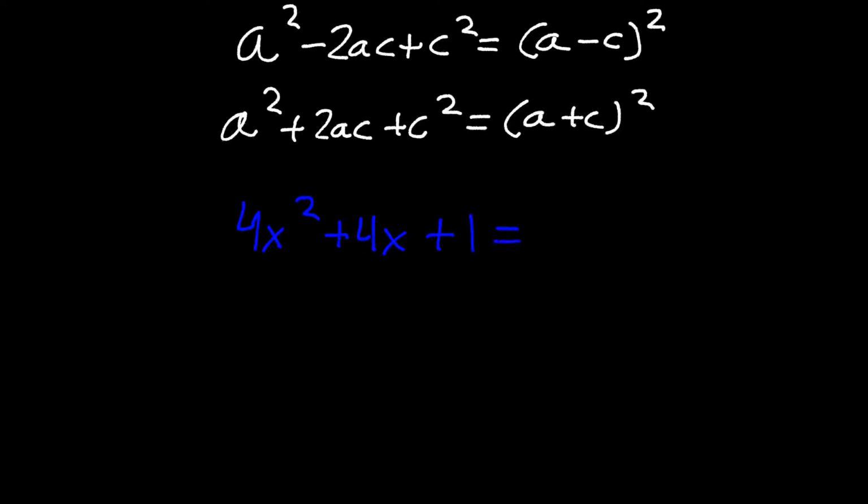This is going to turn into 2x, because 2 is the square root of 4, plus 1 squared. And now I just have to do my check. 2x times 1 is 2x, double that, and we have 4x. And there is my factor, 2x plus 1 squared.